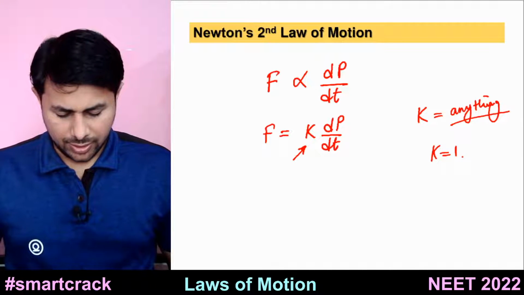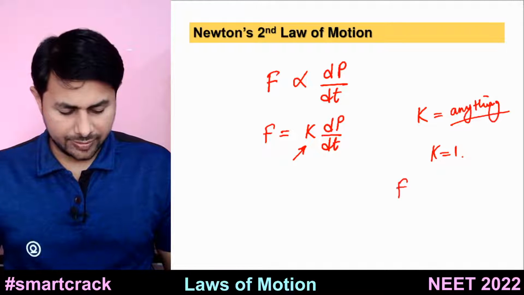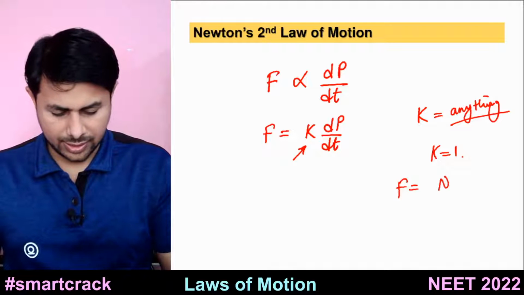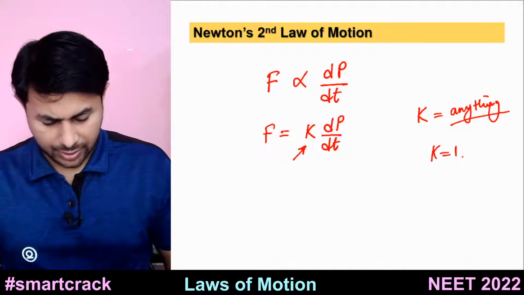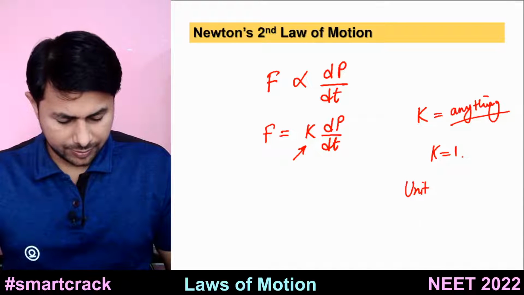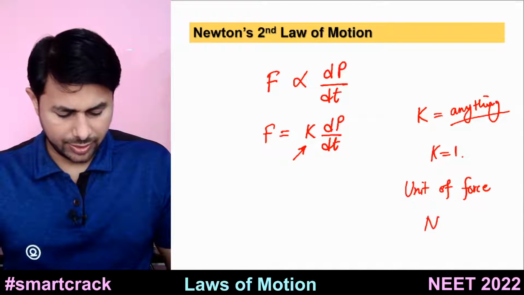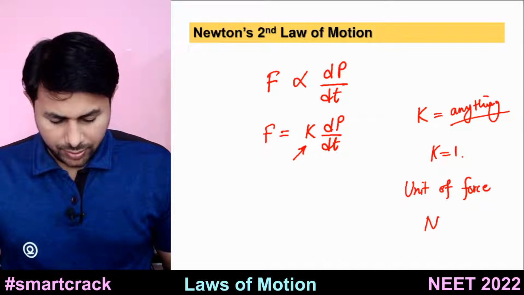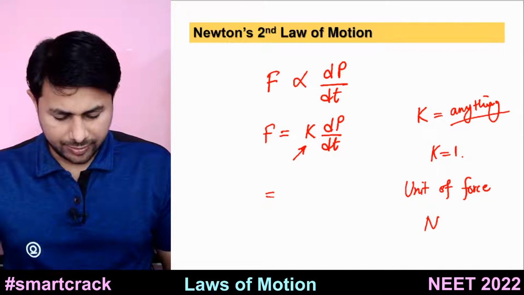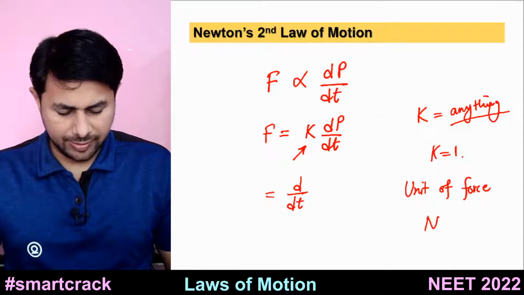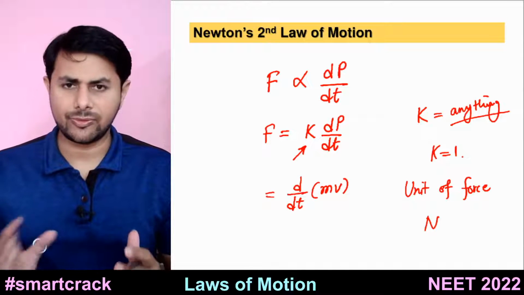Then the unit of force that comes is called Newton. So the unit of force is Newton. Now you can take the derivative of this momentum with respect to time. It is d by dt of mass times velocity, because momentum is mass times velocity.